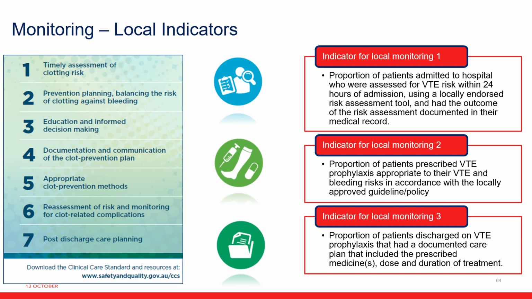We can audit the appropriateness of the prophylaxis they're getting, and we can certainly audit if they're going home on extended prophylaxis. What's the quality of information that we're giving to the patient, to the carer, and to the GP. So these are 3 local indicators that the clinical care standard suggests that facilities start acquiring.